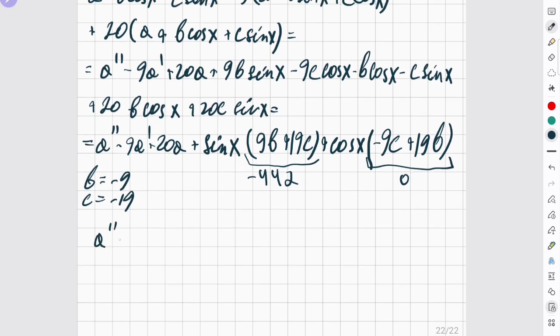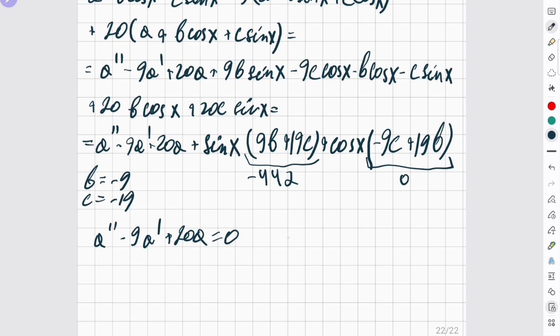a double prime minus 9 times a prime plus 20a is equal to 0. It is kind of a quadratic equation like this: x squared minus 9x plus 20 is equal to 0. So we can just think of it as this quadratic equation.